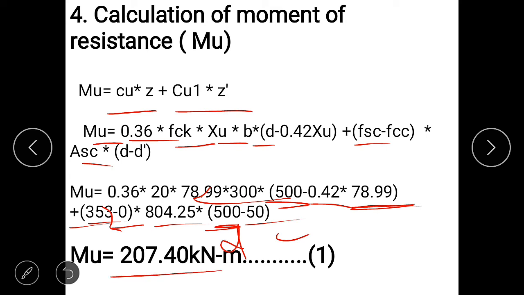So we get Mu is 207.40 kilonewton meter. We also call it equation number 1.